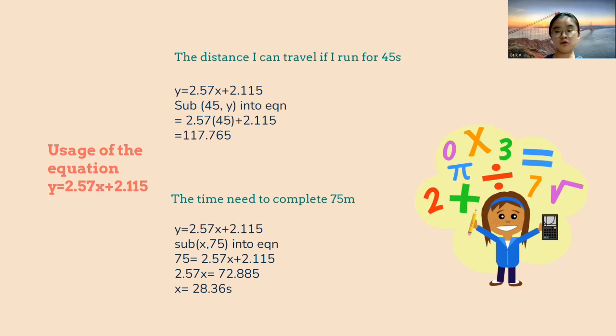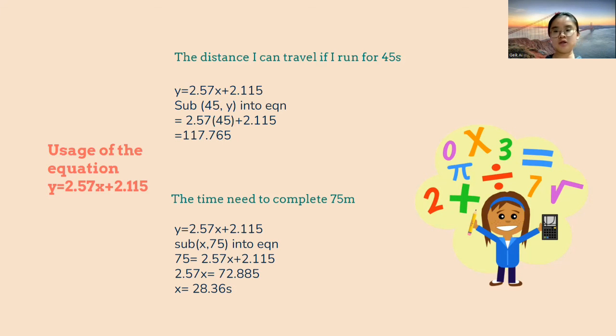So the coordinate should be 45 and y. And y is the distance I need to find. So by substituting, I can find that y equals to 2.57 times 45 plus 2.115. So I can understand that the distance I can travel if I run for 45 seconds will be 117.765 meter.